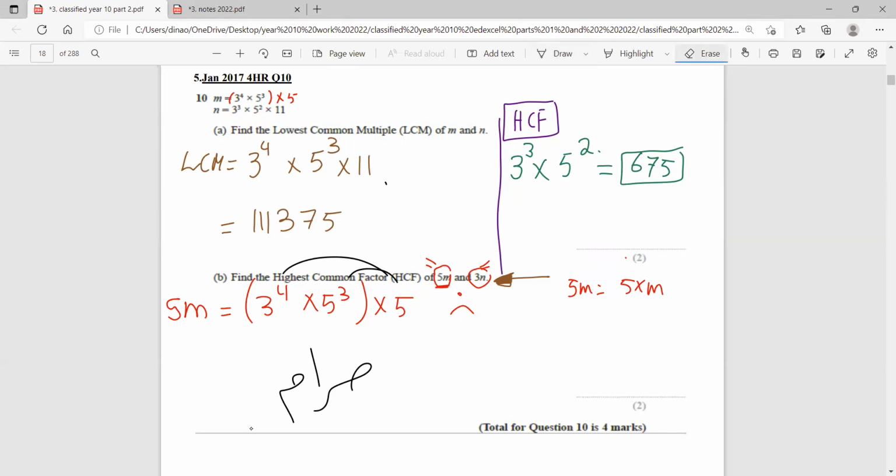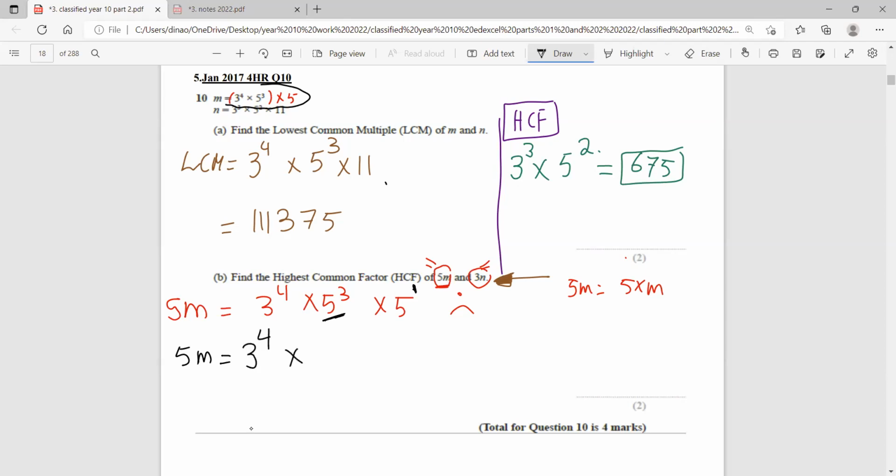This is basic multiplication. I will easily remove this bracket and simply I added a 5, multiplying by 5. Notice that here I have 5 power 3 and here I have 5 power 1. So 5M simply means I added one to the power, not addition, I multiplied by another 5. So instead of M being 3 power 4 multiplied by 5 power 3, it's going to be 3 power 4 multiplied by 5 power 4.